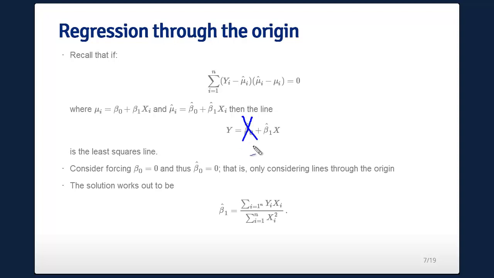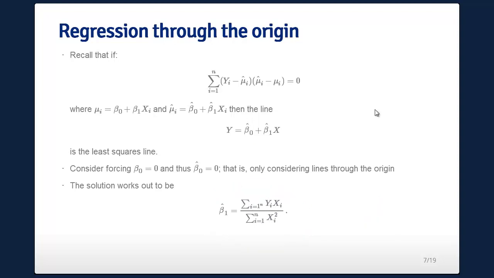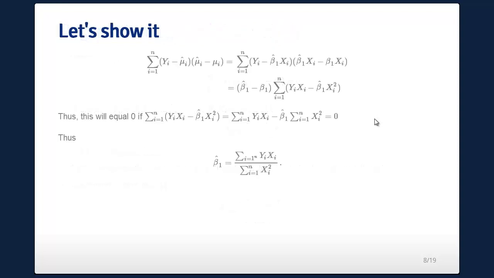And in this case, the solution works out to be beta 1 hat is the inner product of y and x divided by the inner product of x by itself, if you're used to that sort of notation. It'll make a little bit more sense when we include an intercept.